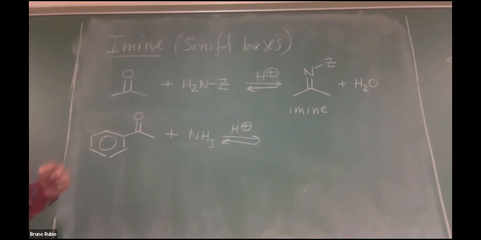The carbon-oxygen double bond is replaced by a carbon-nitrogen double bond. The primary amine loses its two protons, but that nitrogen atom forms three bonds, so whatever that third thing is that's not a proton remains.